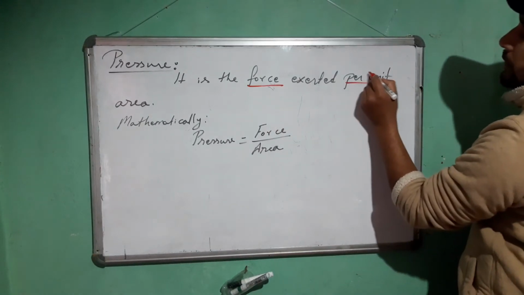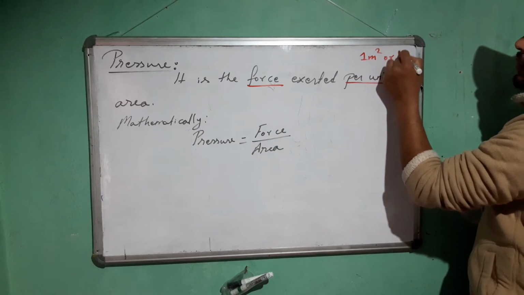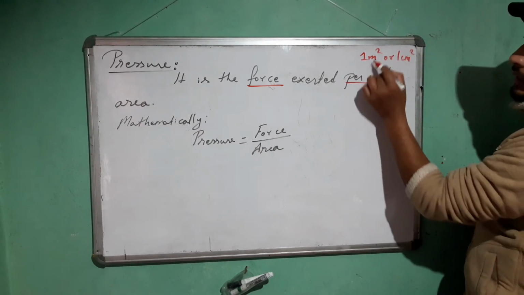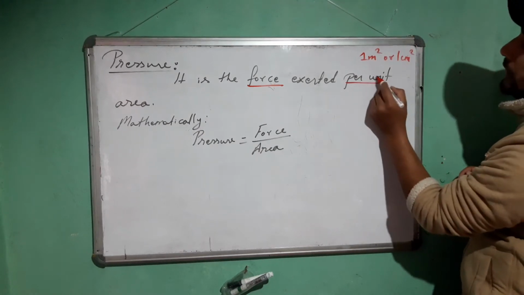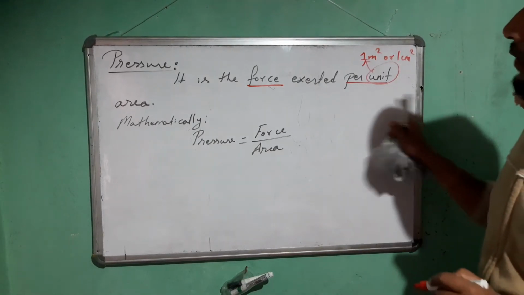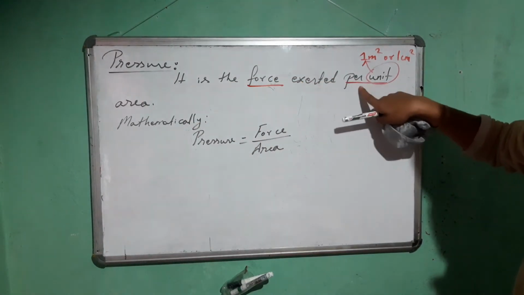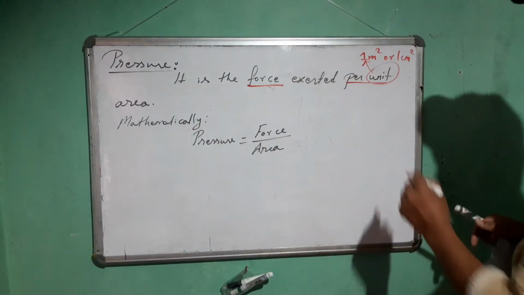Per unit area means 1 meter square or 1 centimeter square or 1 millimeter square. So per unit always means 1.